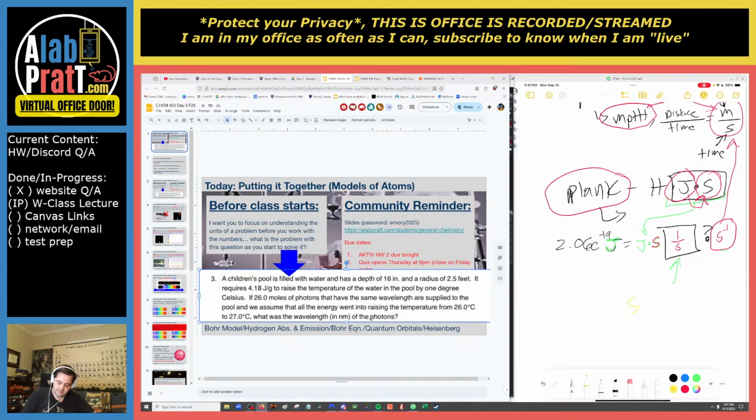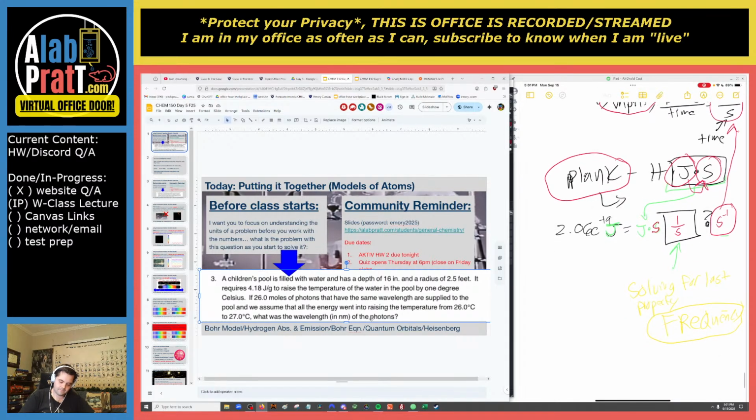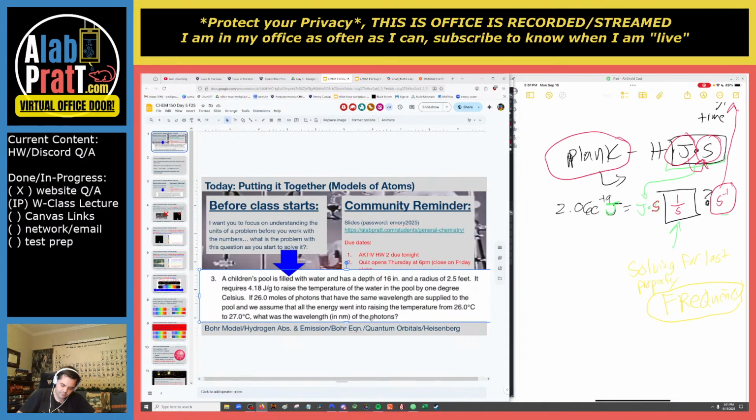We're solving for the last property that we talked about of a wave, something we can measure about a wave, and that is its frequency. And if we have its frequency, we have the relationship. Here's the combined relationship.